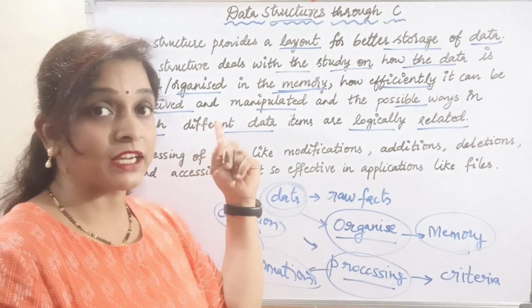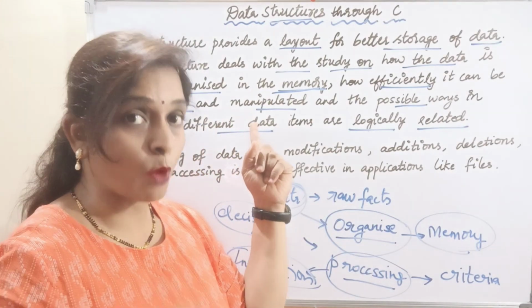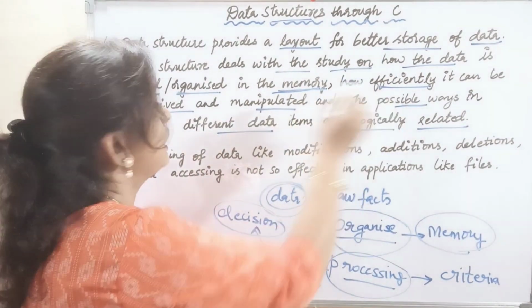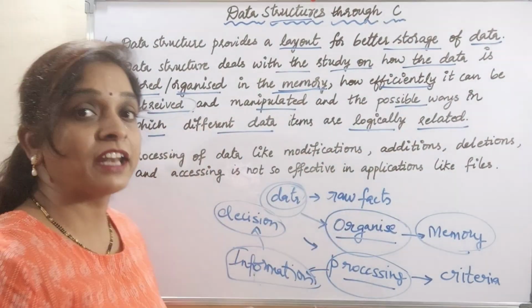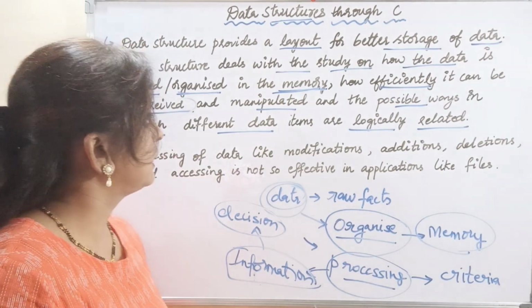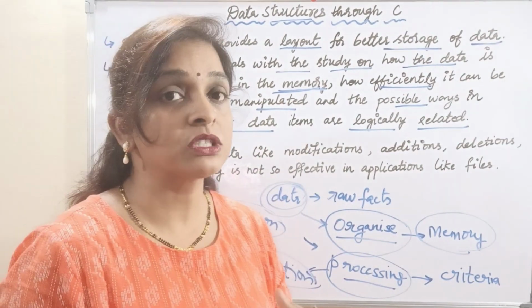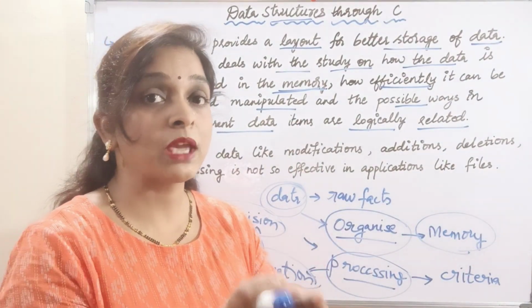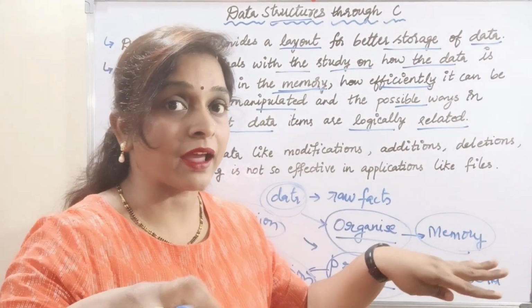So if I store the data inside the computer's memory in a proper way with a proper format, it will be easy for me to retrieve the data whenever I require. I can retrieve the data efficiently, and if I want to do some modifications or manipulations, I can easily do it. So you keep your books in a rack.